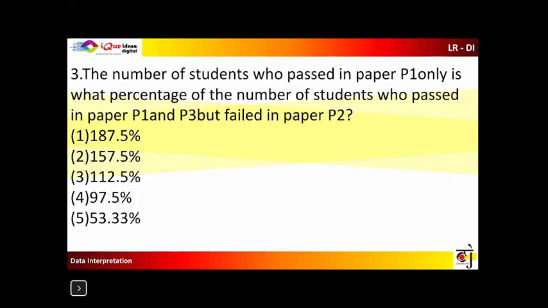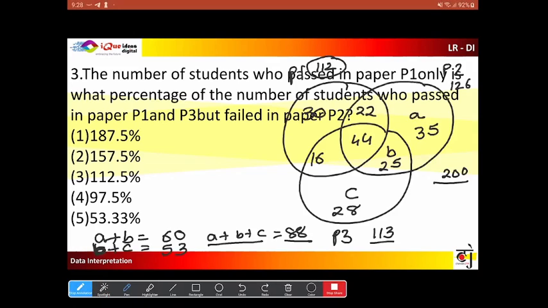The number of students who passed in P1 only is what percentage of the number of students who passed in P1 and P3 but failed in P2? Only P1 is 30, only P1 and P3 is 16.